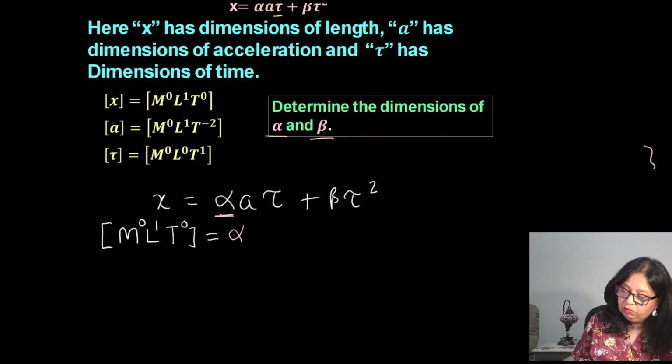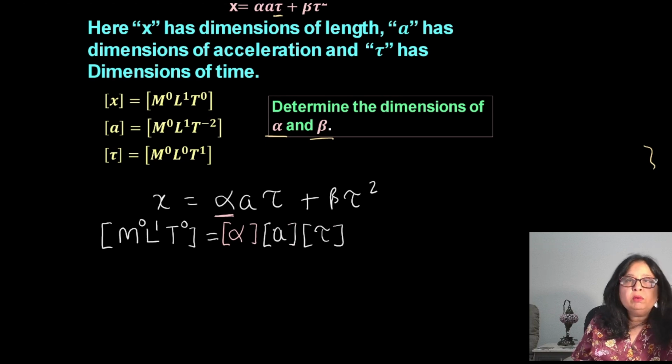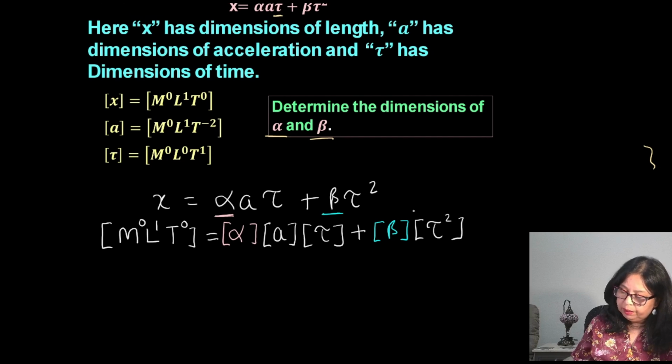So let's write the dimensional formula for alpha times the dimensional formula for a, the acceleration, times the dimensional formula of tau, the time, plus the dimensional formula for beta times the dimensional formula for tau squared.